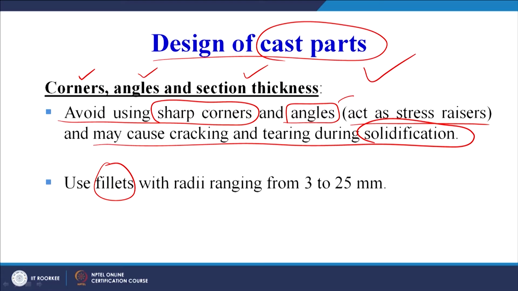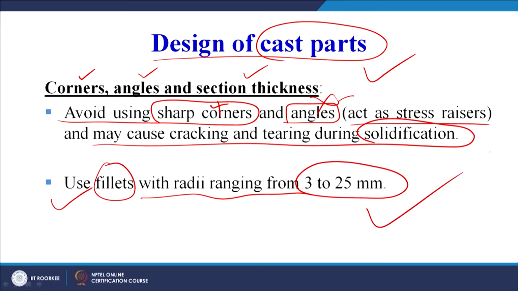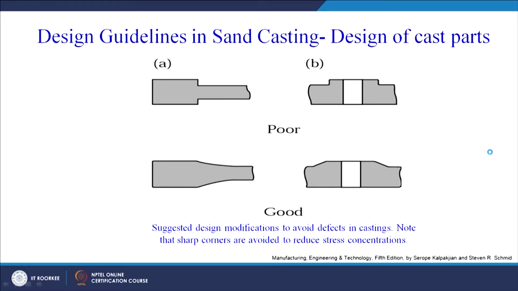If we don't want the sharp corners, and we don't want the angles, what should we do? We must use fillets with radii ranging from 3 to 25 millimeter. So one guideline is that we must avoid the sharp corners and angles. Now here we can see this is a sharp corner here, again here.